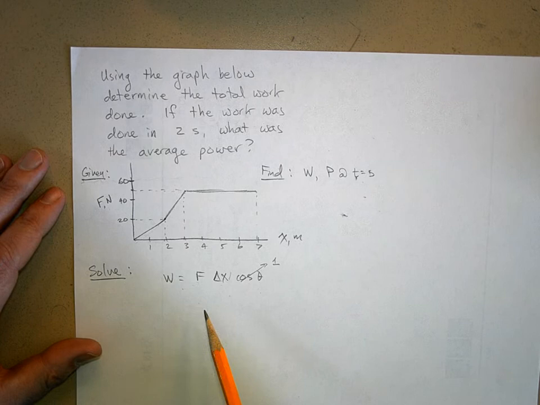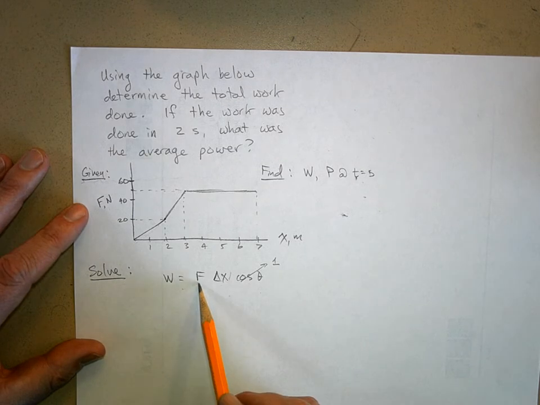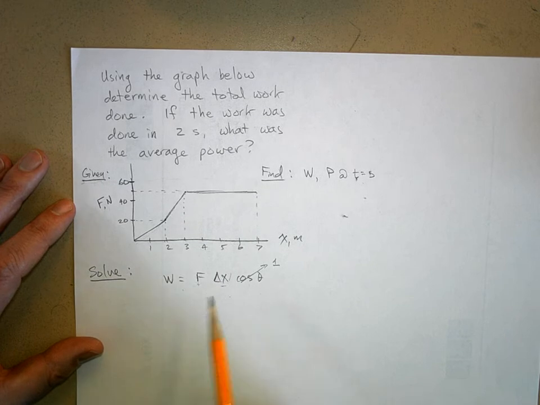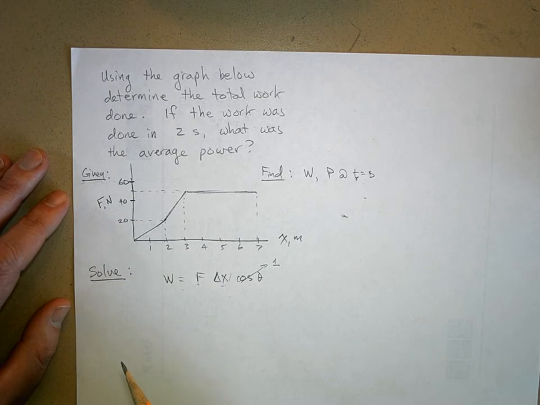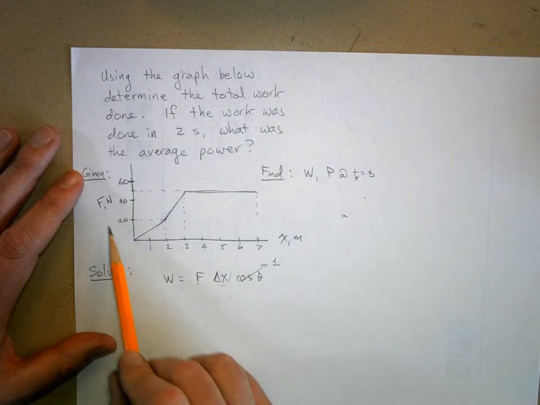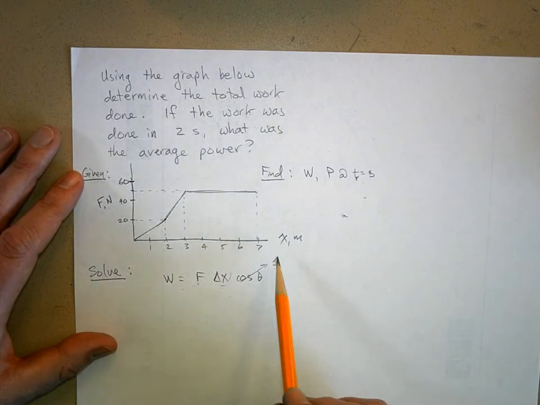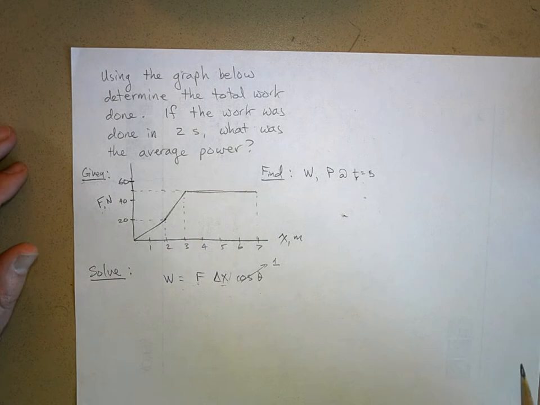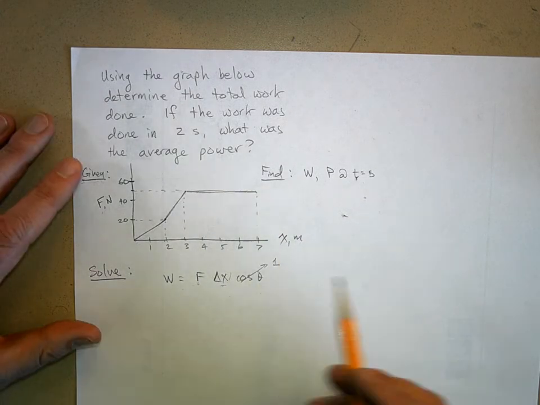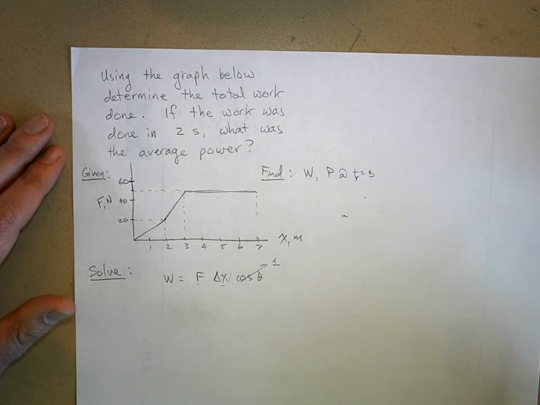You can't use this because this force depends on position. Whenever that happens, you have to integrate. And in your calculus classes, you learn all kinds of fancy integration techniques when you have force as a function of x. But in this class, we won't ever need to do that because it's either going to be triangles or rectangles.